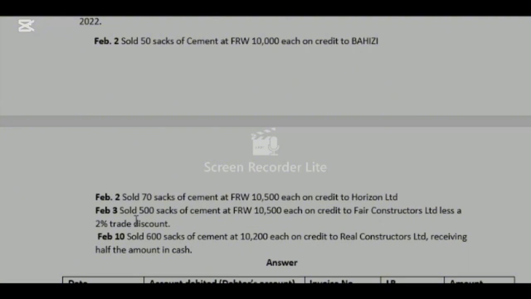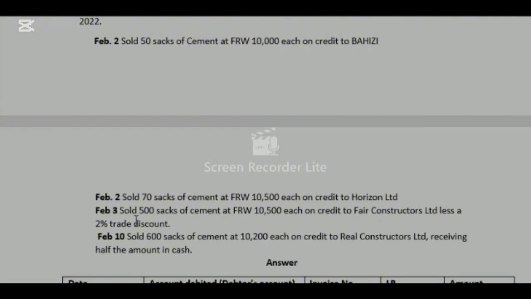Then we multiply with 2%, and after that we deduct that discount from the amount the customer must pay, because as you know, a discount is a deduction in price.